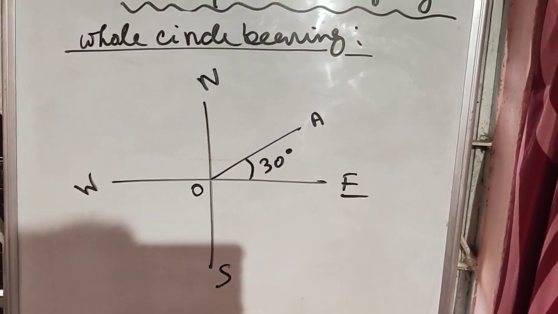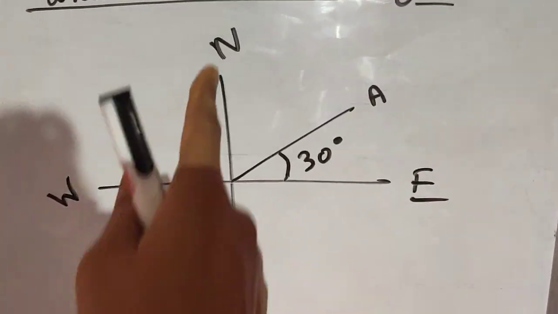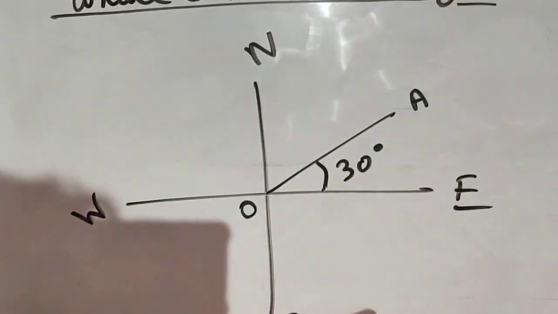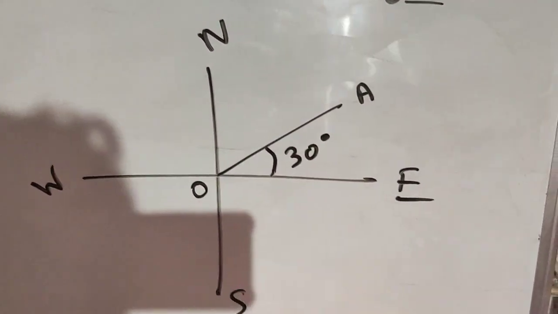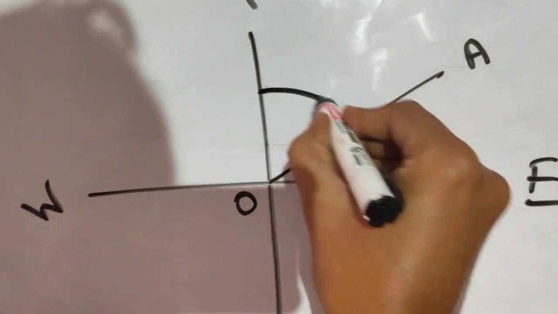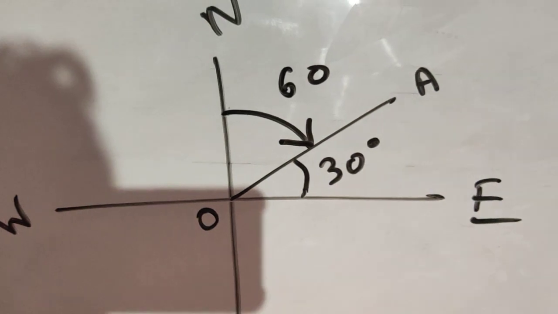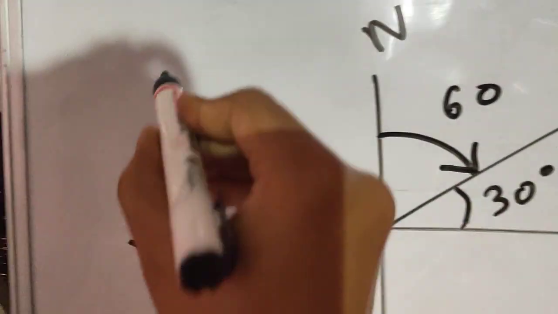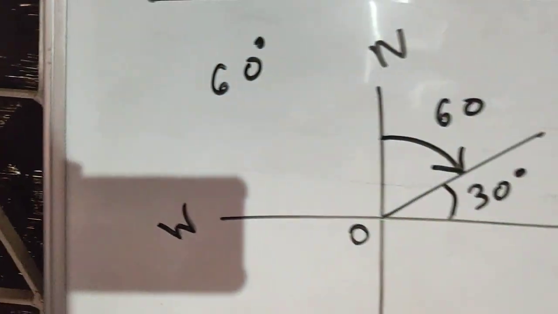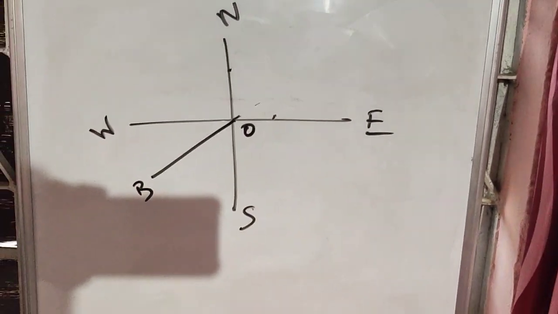So the bearing of any line will be the angle that particular line makes with the north direction, measured in clockwise direction. So this angle is 30, so definitely this angle will be 60, and it is measured in clockwise direction. So the bearing of line OA will be 60 degrees. Okay.